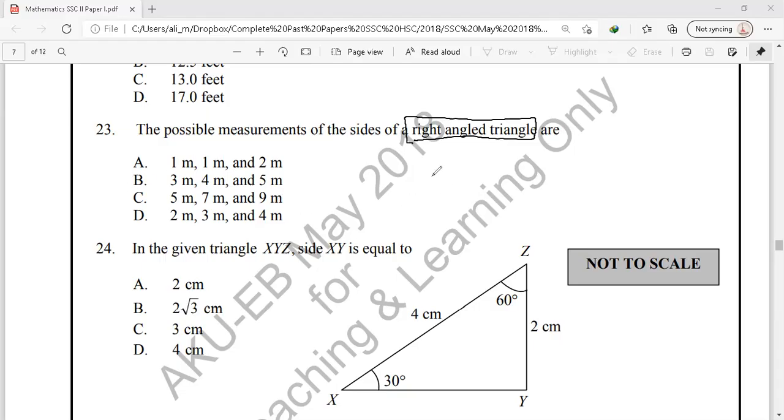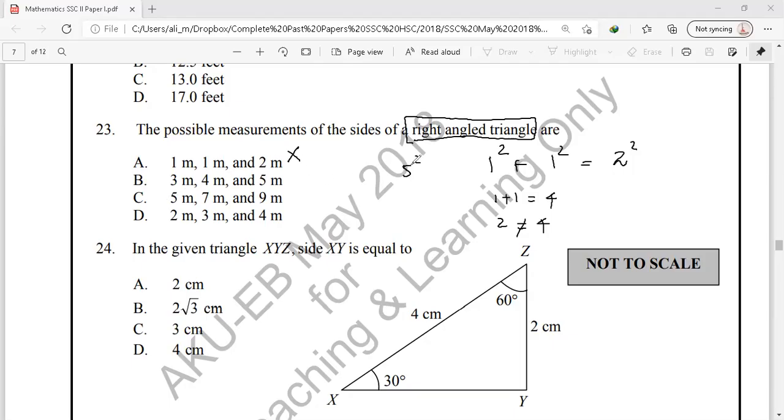So let's check option A, in which 2 square should be equal to 1 square plus 1 square. So this would become 1 plus 1 equals 4, and 2 equals 4. It means these are not the sides of a right angle triangle. Similarly, let's check 3, 4, and 5.